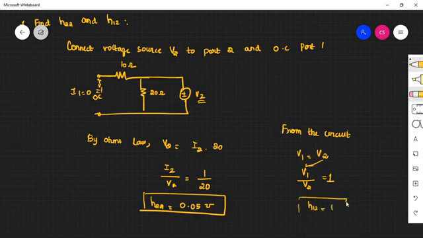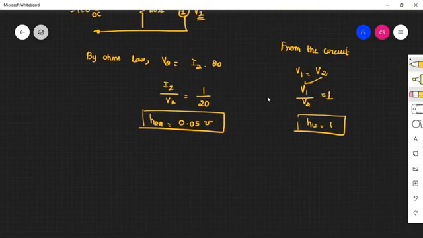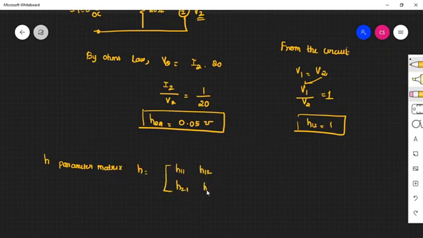So H12 is 1. Finally, we can write the H parameter matrix: H is equal to H11, H12, H21 and H22, which is 10, 1, minus 1 and 0.05.